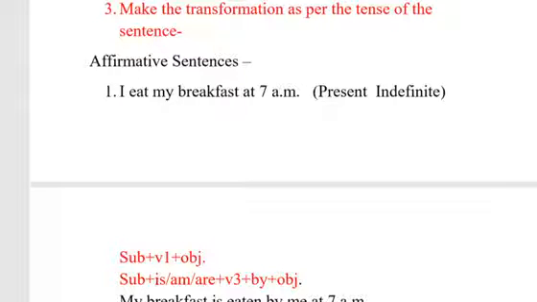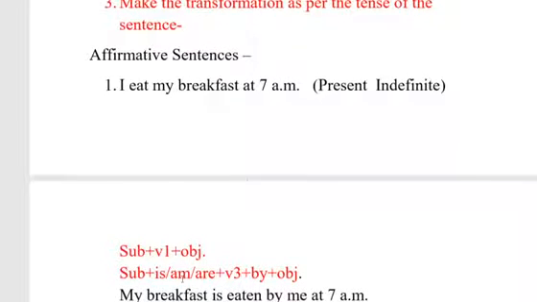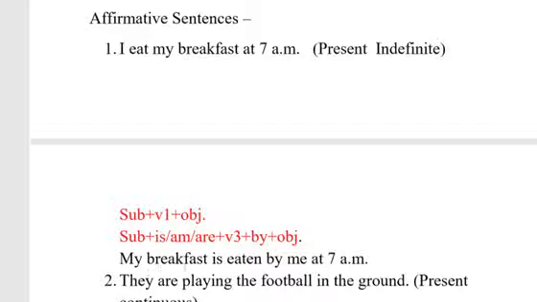Then is, am, are are the helping verbs in the passive and will be chosen as per the subject. If it is singular, then is, and if it is plural, then are. And for I, am is used. So the sentence will be: my breakfast is eaten by me at 7 a.m.